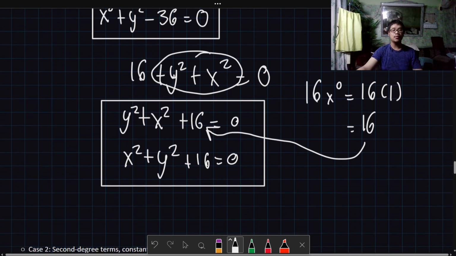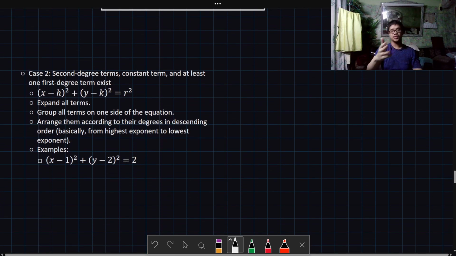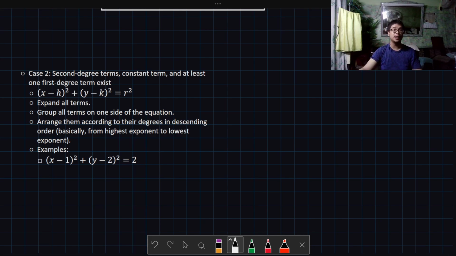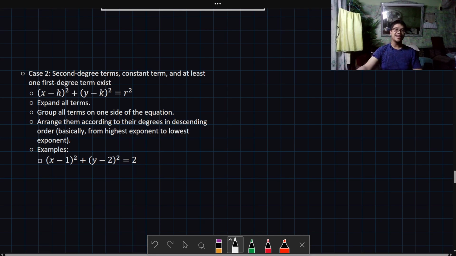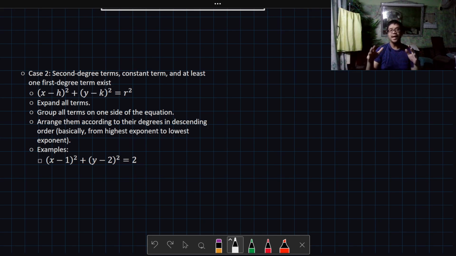Now, how about if it looks like this? Like there is a squared binomial like this one. What are we going to do? How should we make this into general form?